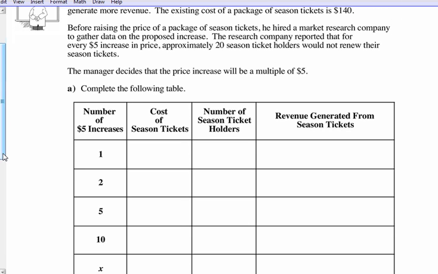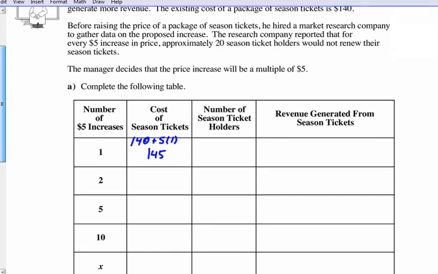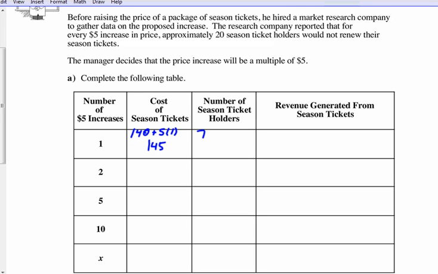So if the number of increases was 1, what would be the new cost of the tickets? 145. So we add 5, 140 plus 5 times 1. And the number of season ticket holders, we had initially how many? 720. So how many would we lose? 20 times 1.